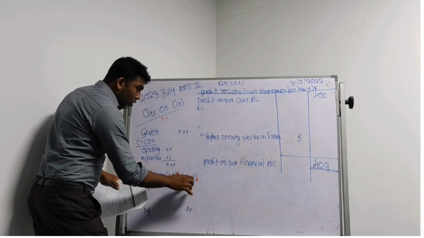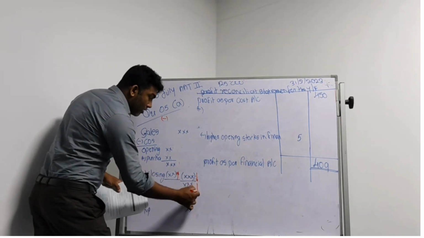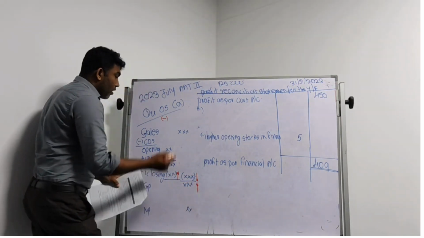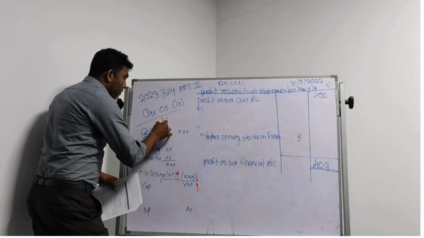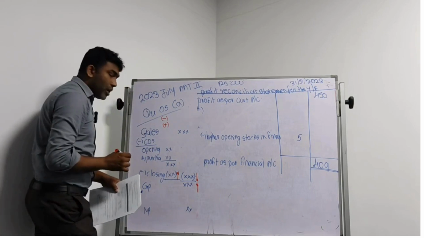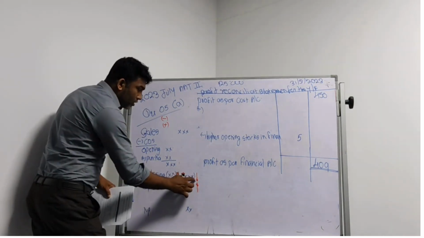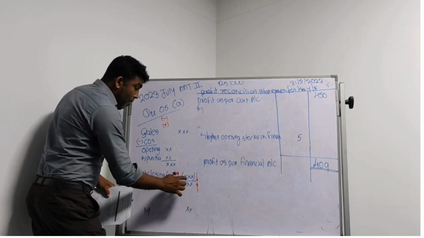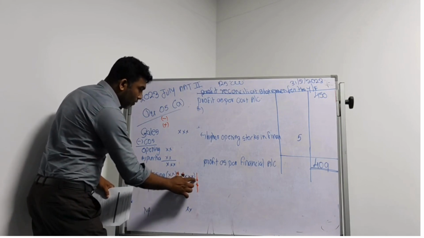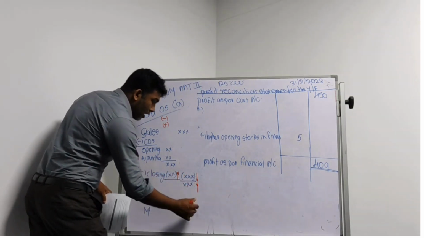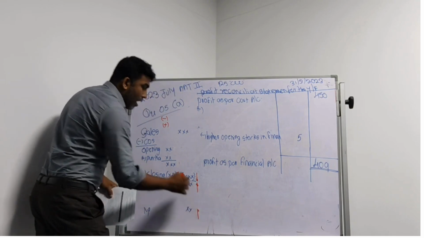Higher the closing stock, lower the cost of sales, higher the gross profit. Closing stock and the gross profit have a positive relationship, right? If you increase this figure, you are receiving lower cost of sales. Lower cost of sales means higher gross profit.